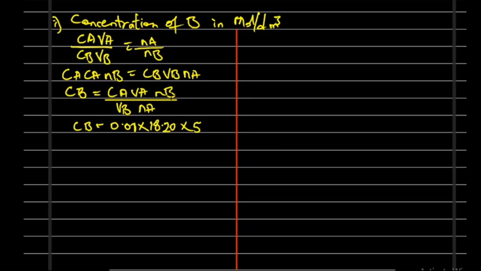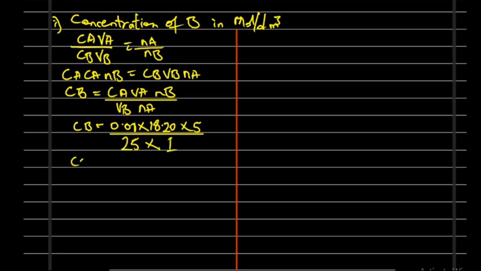Remember we said it is ratio 1 to 5, so the number of moles of base is 5, and then it is all divided by the volume of base, which is going to be 25 centimeter cube, times the number of moles of acid, which is 1.